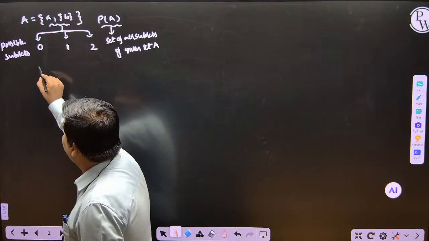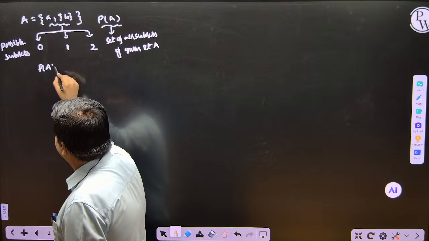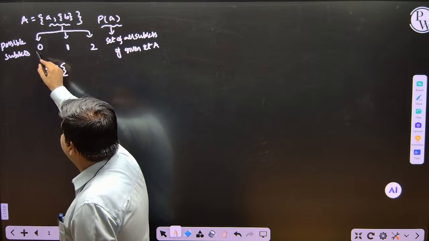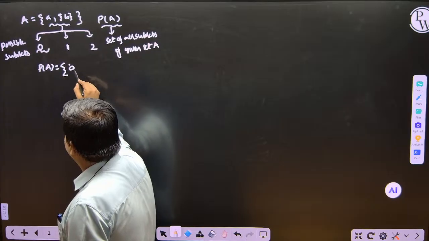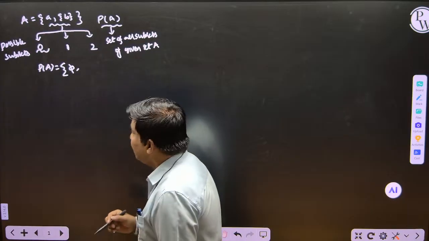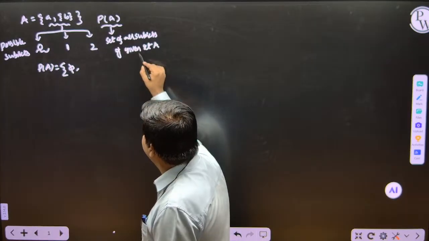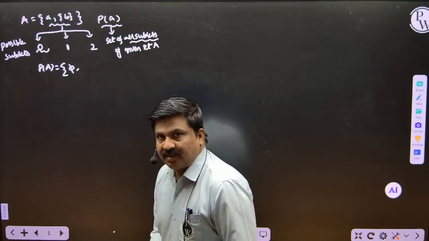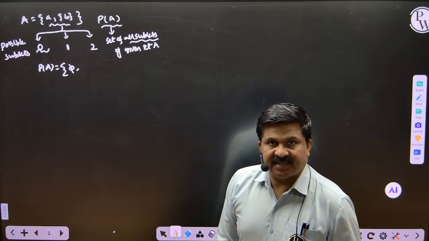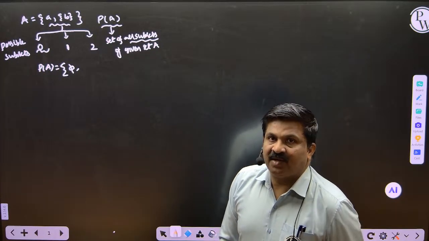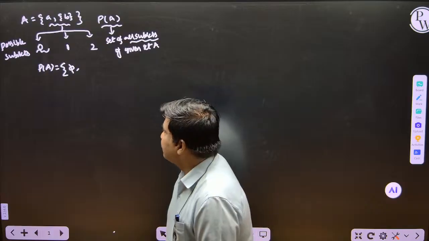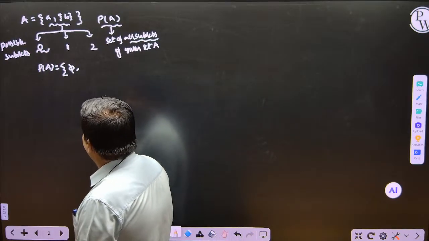So that's why the power set of A. First you write a zero element subset. Zero element subset means obviously it is a null set. Now the power set is a set, but the elements in that set are what? Subsets are.